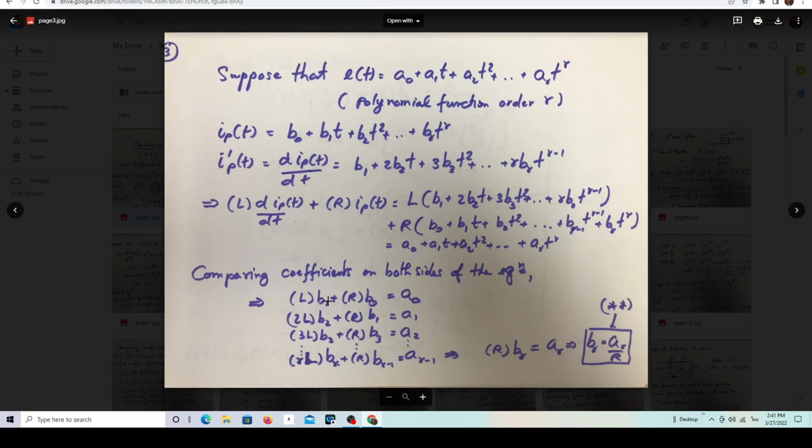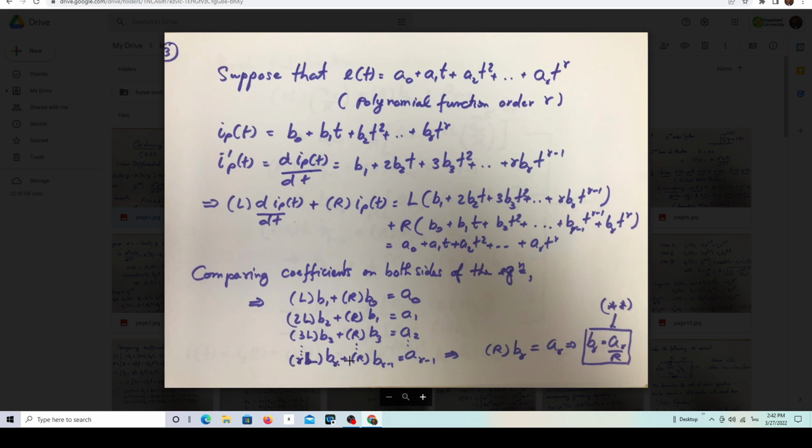You can see that this keeps moving on: b sub 1, b sub 2, up to the r minus 1 term, which is times t to the r minus 1. So the right hand side has to be a sub r minus 1, the coefficient before the last term. This one keeps moving on from L times B sub 1, 2 times L times B sub 2, up to r times L times B sub r.